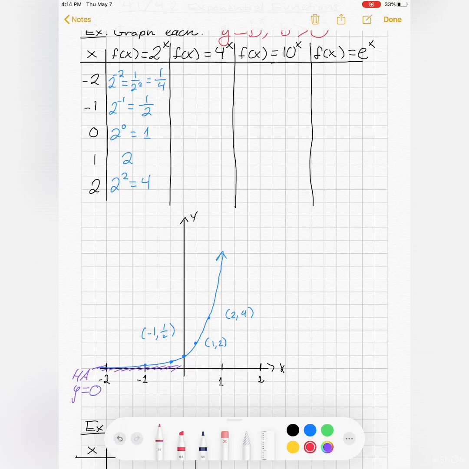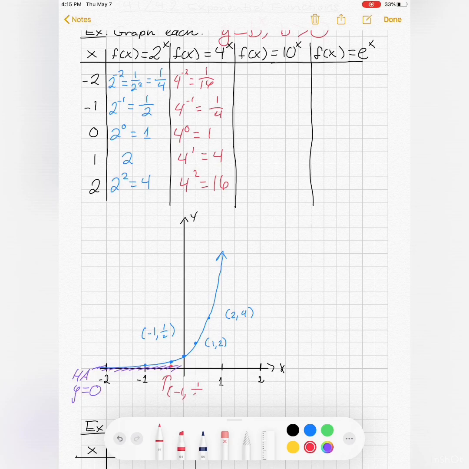Okay, let me fill in 4 to the x. Let's see, 4 to the -2 would be 1 over 16. 4 to the 0 is 1. 4 squared is 16. Okay, let's see. 4 to the -1 is 1/4, so it's a little hard to fit these in.